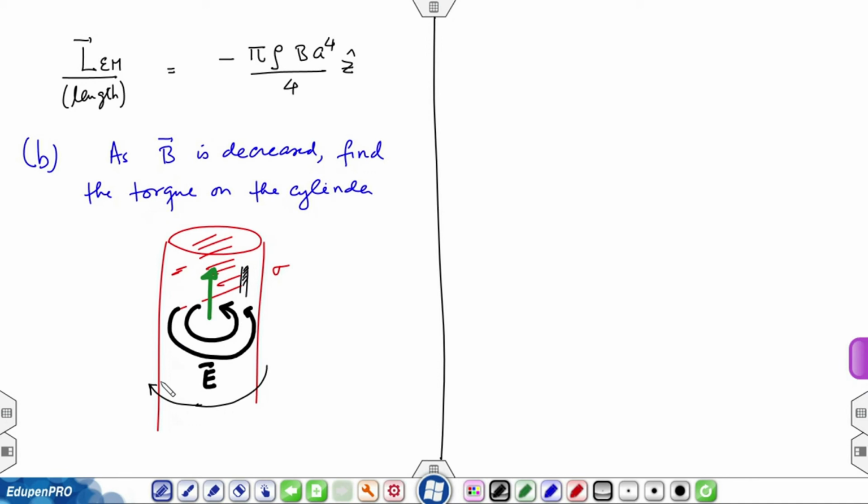And all I am concerned with is E inside the cylinder up to the surface.